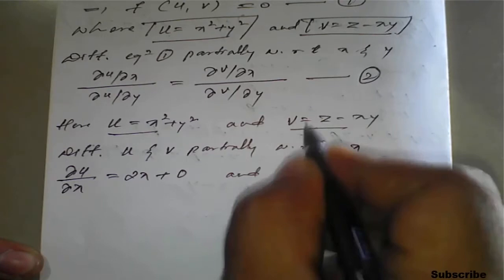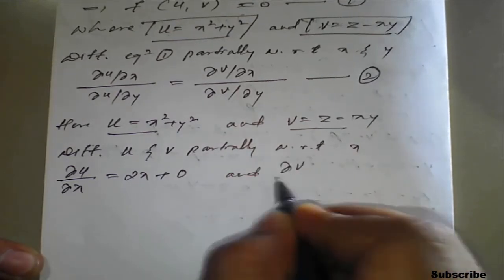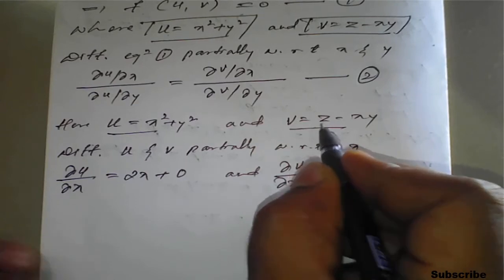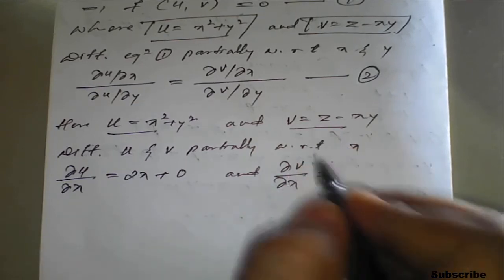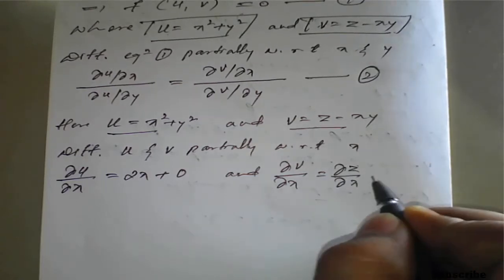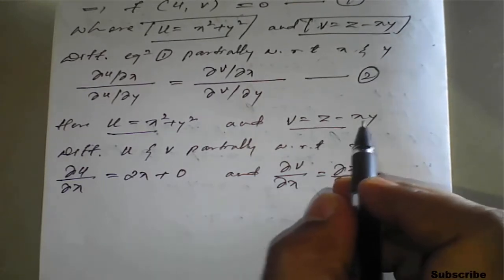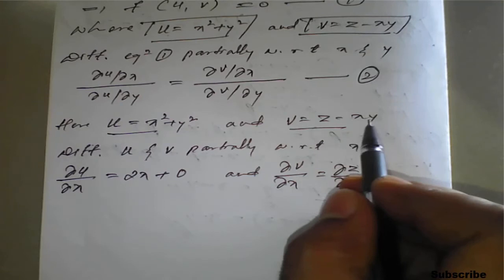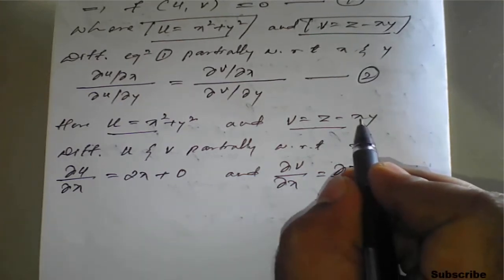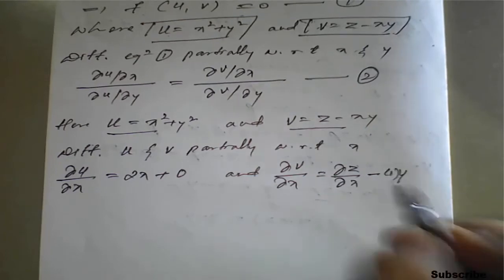Similarly, dou v by dou x is equal to the partial derivative of z, because z is a function, so z with respect to x is dou z by dou x, minus, here the xy product is there but y is a constant, keep y as it is, and x with respect to x is 1.